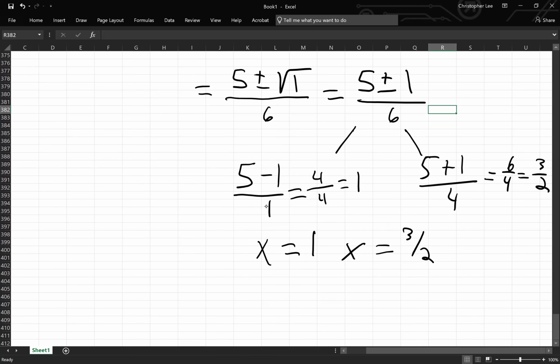These are the same, they get 1 and 2. No, I posted 1 and 4, because 5 plus 1 is 6, divided by 6 is 1. So I got 2/3 and 1. You got to add this.